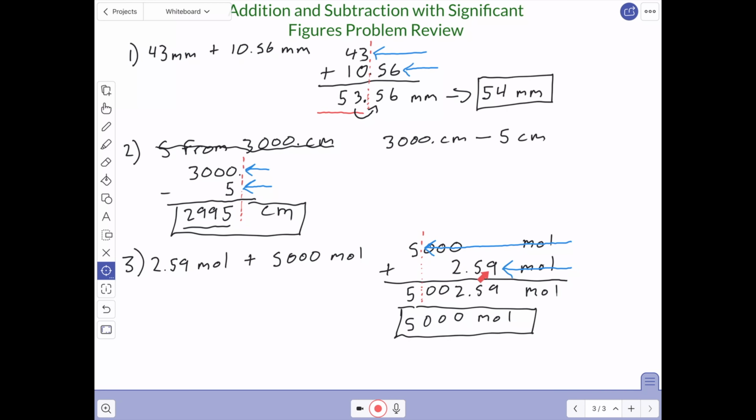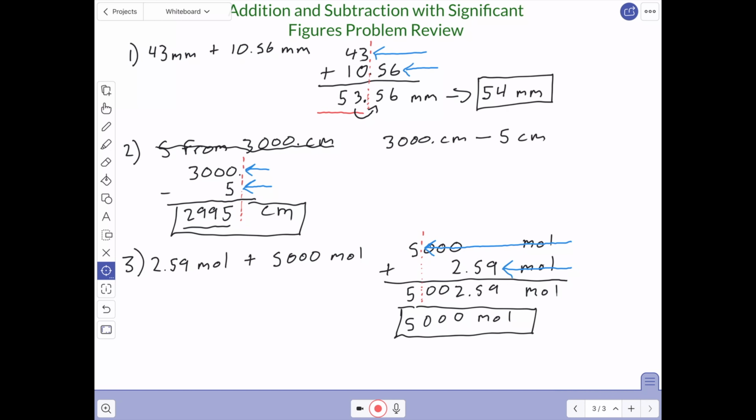So we're only allowed to report our final measurement to the accuracy of our least accurate device. We would be lying if we said that our final answer was 5,002.59 because we don't really know where in these place values this measurement actually was in reality. Okay, so it actually makes sense when you think about it.